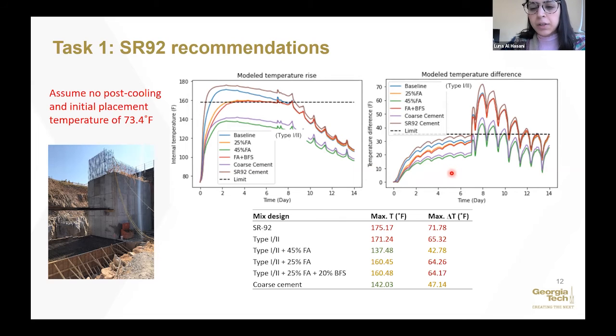And finally, they could push back the time for removal of insulation and formwork a little bit, such that some of these mixes would satisfy the temperature differential. And GDOT were actually open to considering all of these recommendations, and they want us to do further analysis to see what other mix designs could work for this purpose.